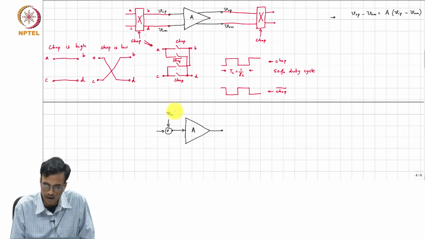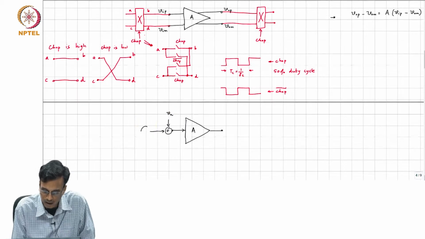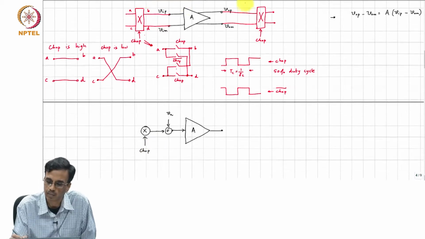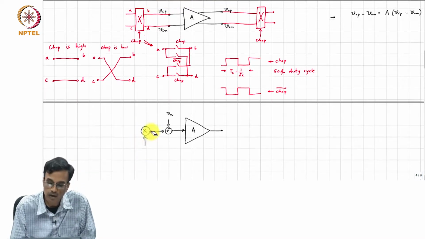And what are we multiplying the input with? You are multiplying it with the chop waveform, which is a square wave. Let me call this P of t.